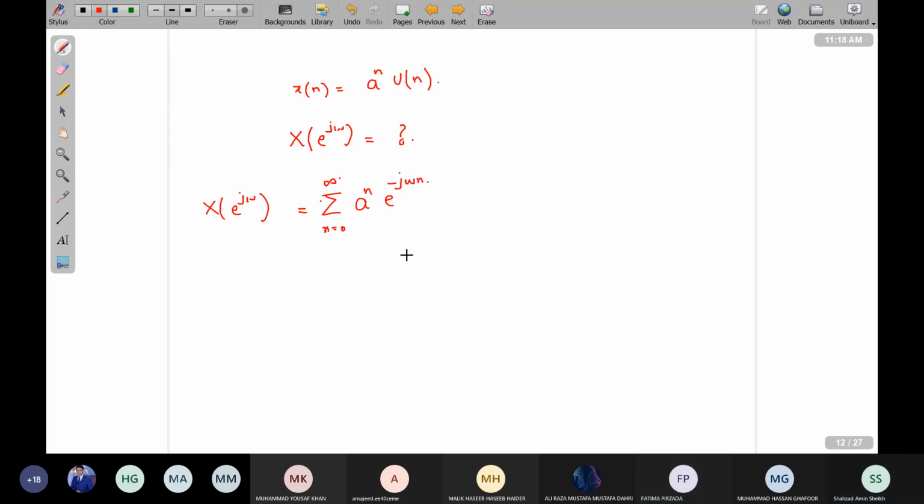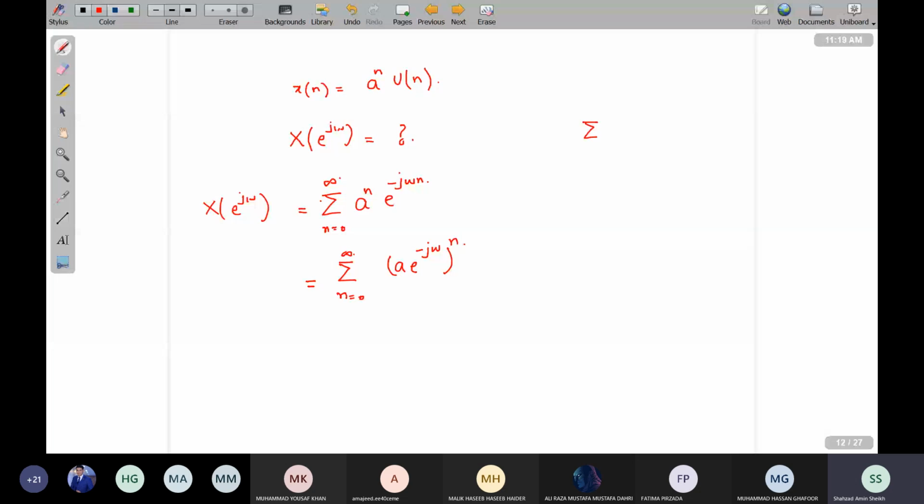चलें अब आगे क्या करूं? सर अब इसको सॉल्व करना है। करें ना, बताएं, आप बताएं, मुझे नहीं आ रहा ना। इसको मैं यूं लिख सकता हूं, a एक्सपोनेंशियल माइनस j ओमेगा रेज टू पावर n, लिख सकता हूं ऐसे। यस सर। अब चलें आगे, बताएं आगे क्या करें। You remember the formula?